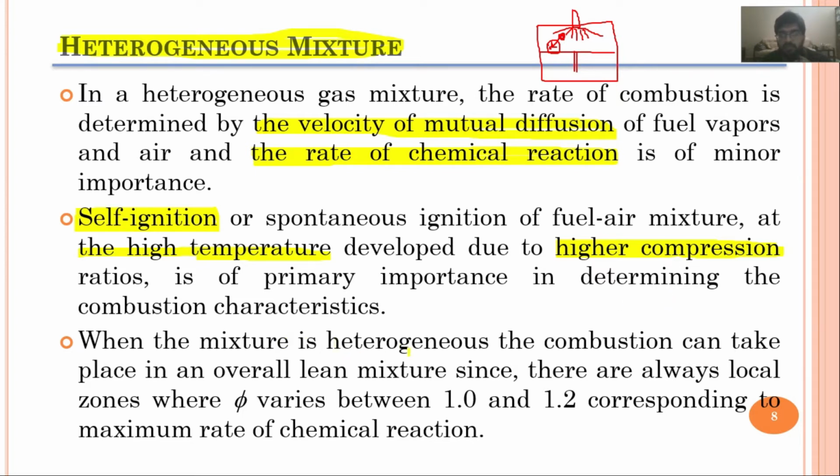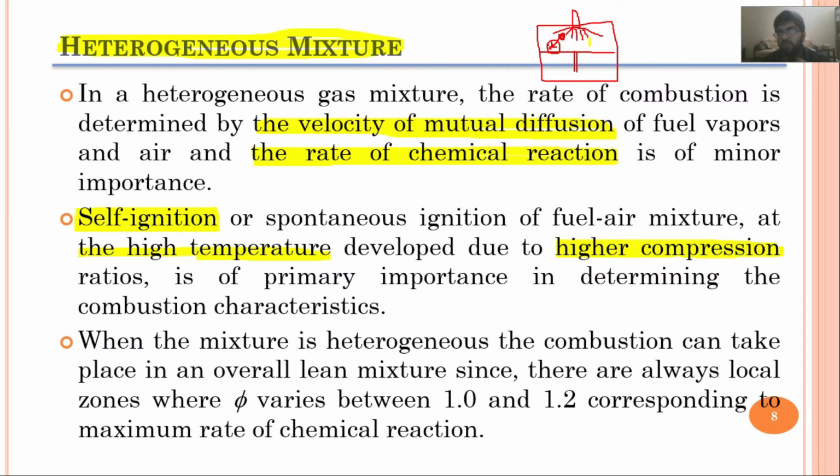So when the mixture is heterogeneous, the combustion takes place in an overall lean mixture, since there are always local zones where the equivalence ratio varies between 1.0 and 1.2, corresponding to the maximum rate of chemical reactions. So in a heterogeneous mixture, as I mentioned earlier, we will have localized combustion.